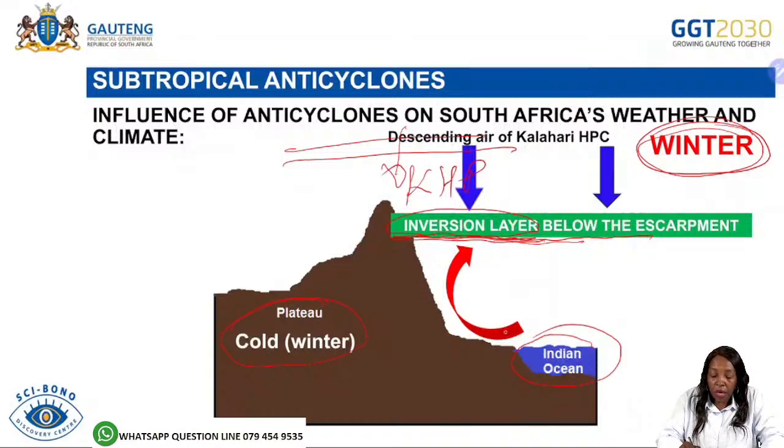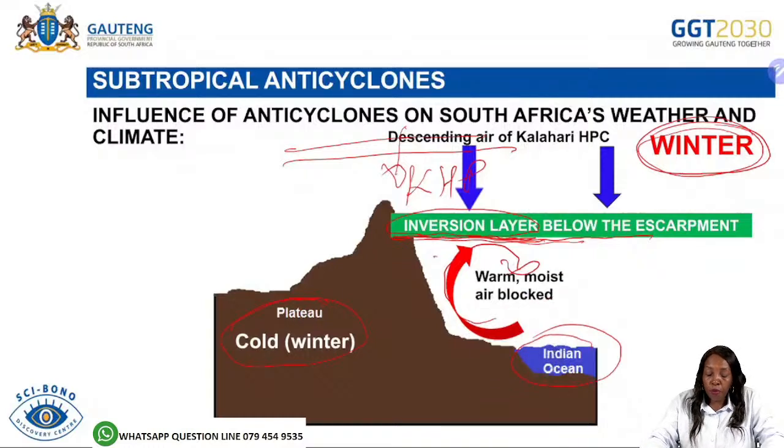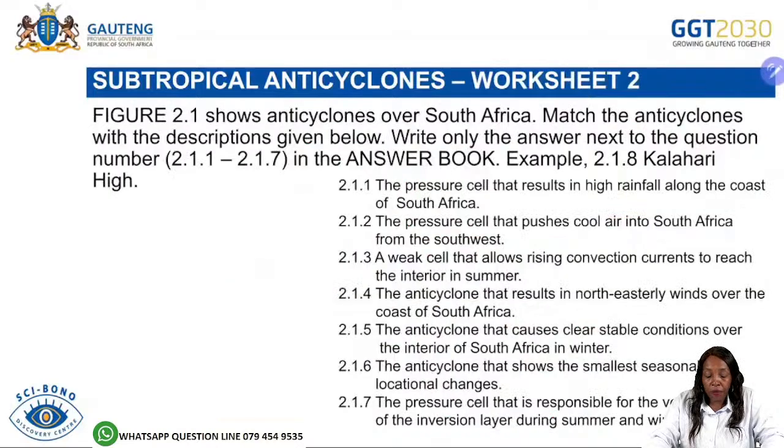So the warm air will just be circulated over the Indian Ocean, and that's where we can only find rain being formed, but the interior would be dry. So warm moist air is blocked, and the interior would be cloudless and have dry conditions.